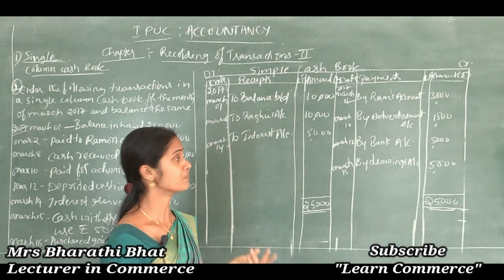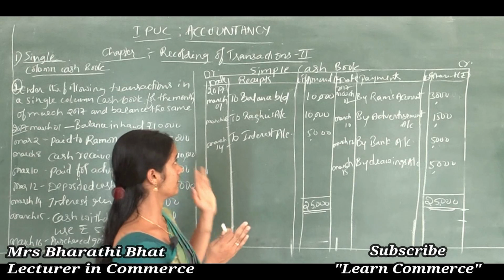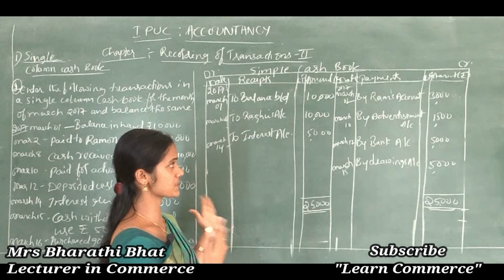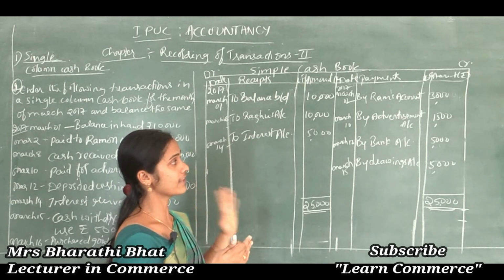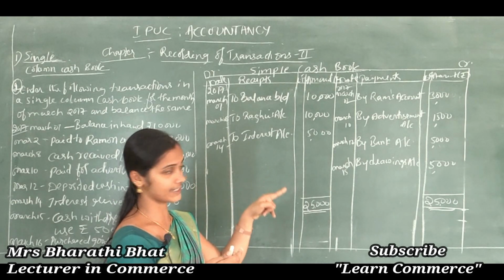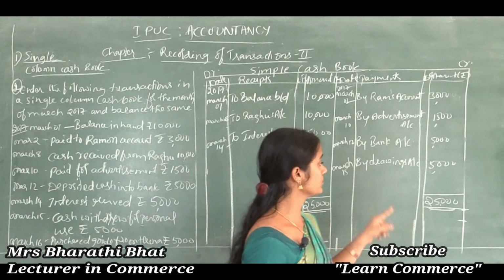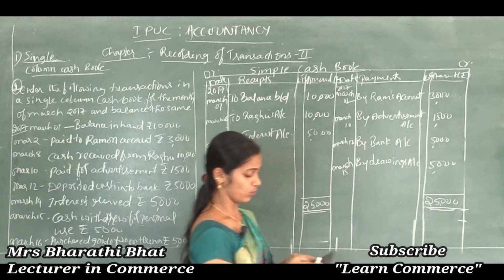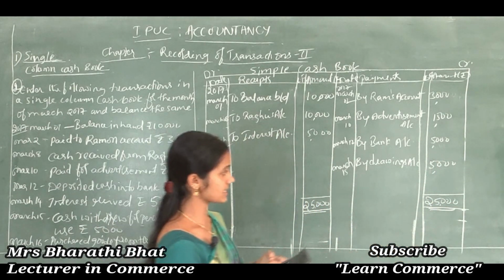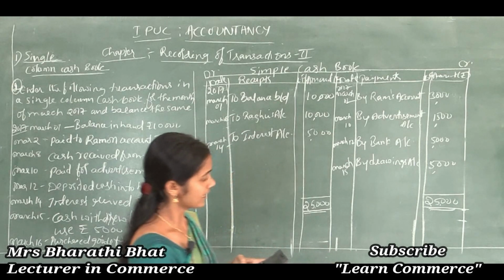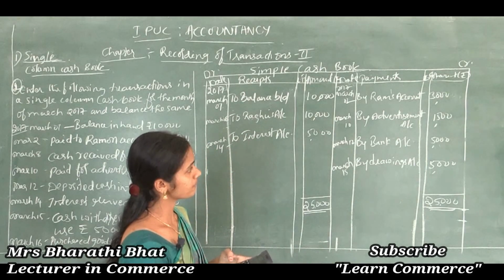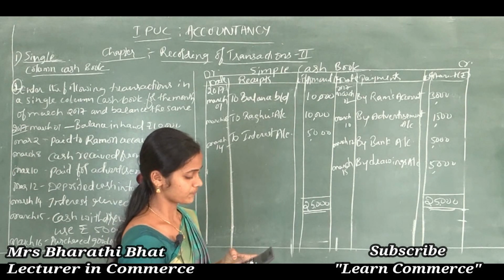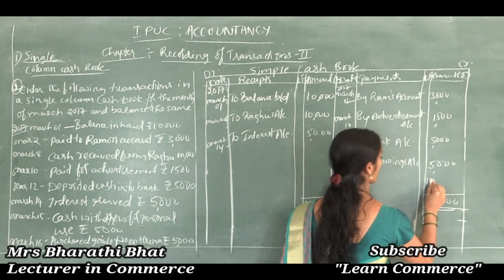So 25,000. And what does it mean? Your receipts are more than your payments. So now you need to balance some amount on the credit side. How can you balance? You should deduct these amounts from this 25,000. So 25,000 minus 5,000, minus again 5,000, minus 1,500, again minus 3,000, so 10,500.